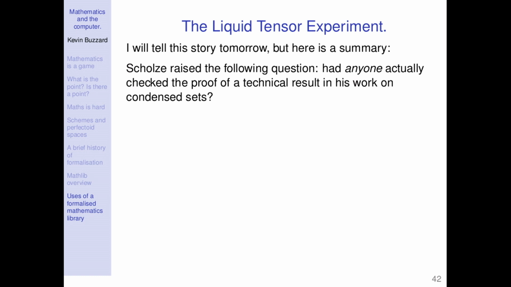He'd been working in this new area of condensed mathematics, and to get his theory to apply to the real numbers, he needed to prove some very technical lemma whose proof didn't look much fun. It was a messy technical lemma with a sort of concrete corollary about X groups.